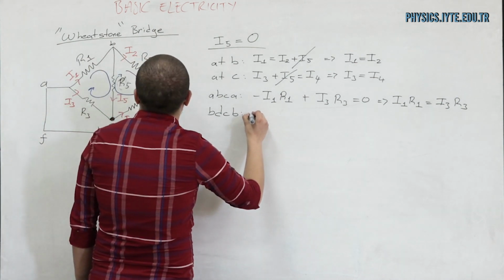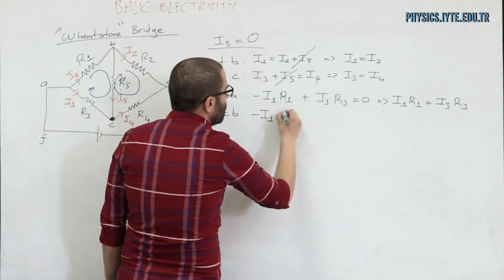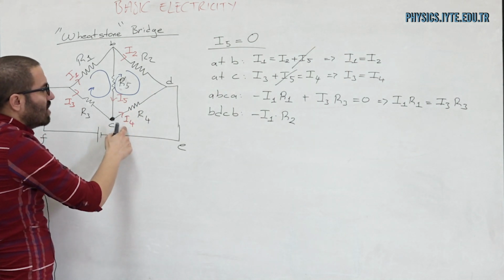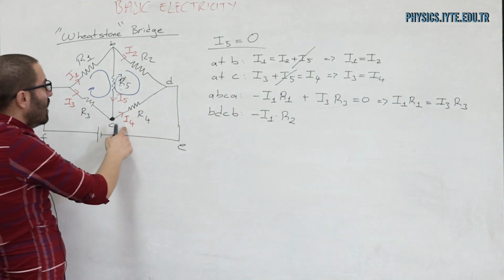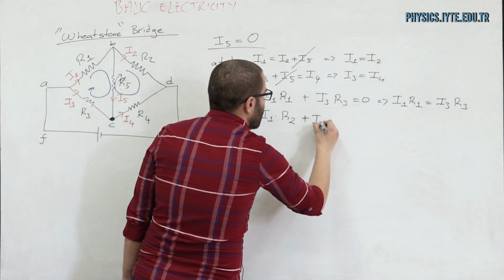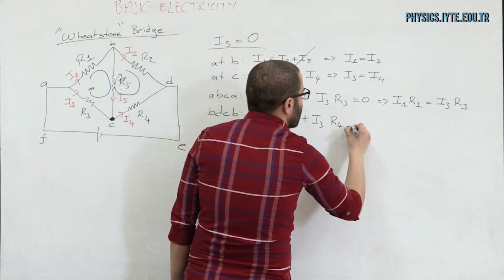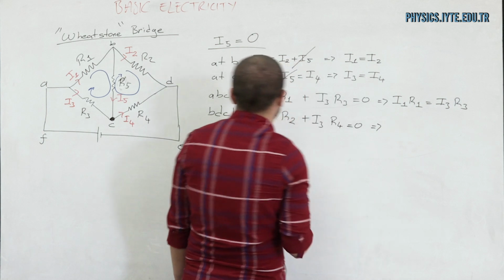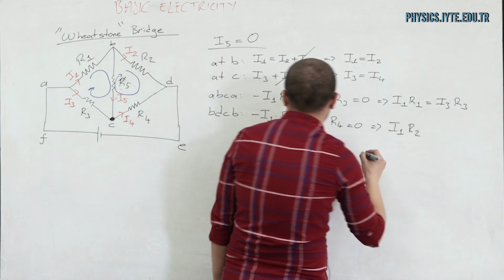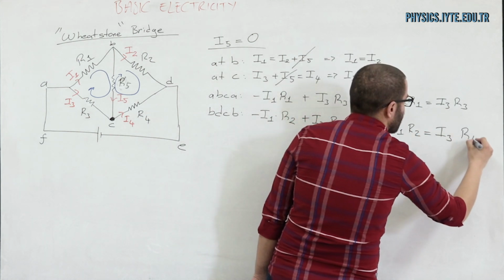So minus I1 times R2, and here I'm moving in the opposite direction as the current, so I'm going to have an increase in potential, which is I3 times R4, which is equal to 0. Therefore, I'm going to have I1 times R2 equal to I3 times R4.